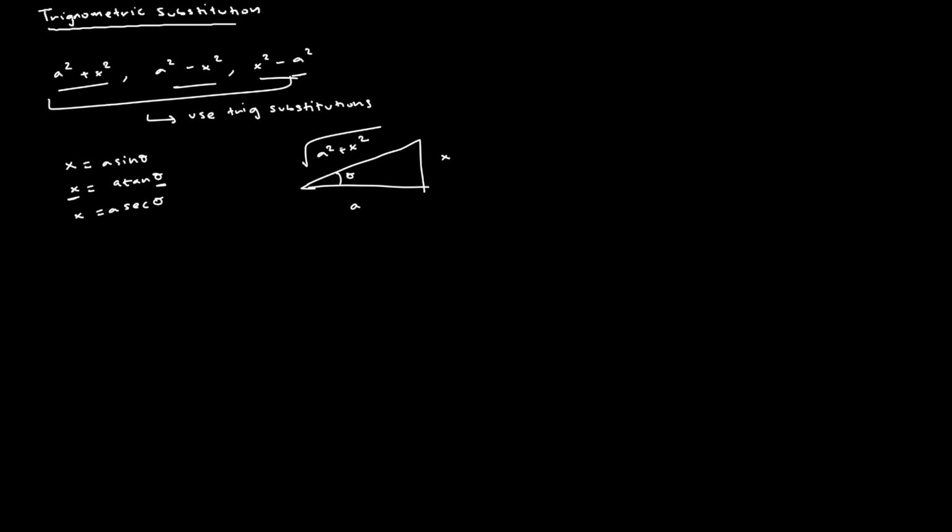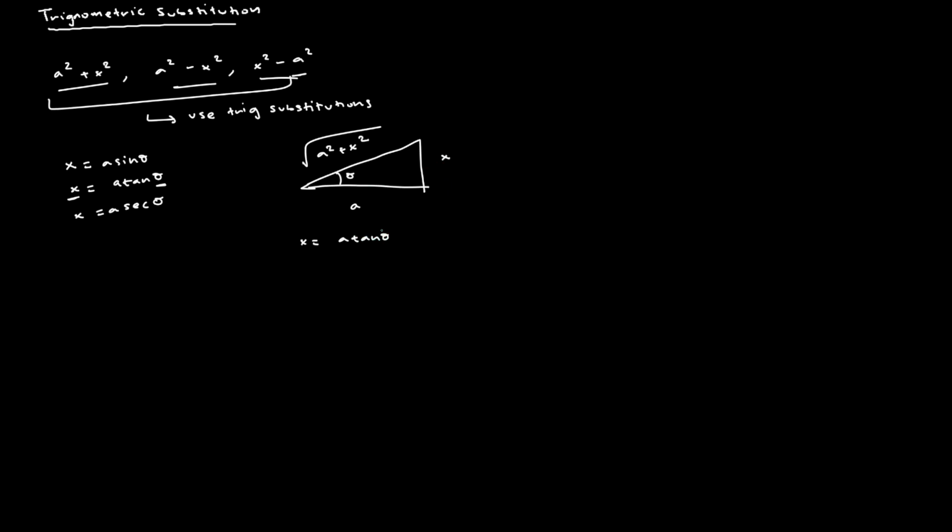And so if we make the substitution of x being equal to a tangent theta, and this just comes from our triangle, opposite over adjacent is equal to tangent theta, so x over a is equal to tangent theta, and I'm just taking a to the other side.